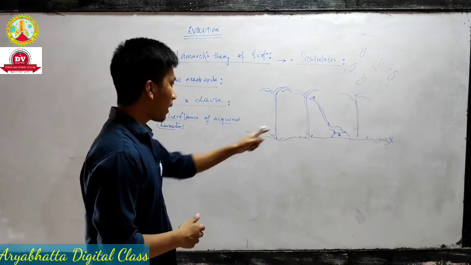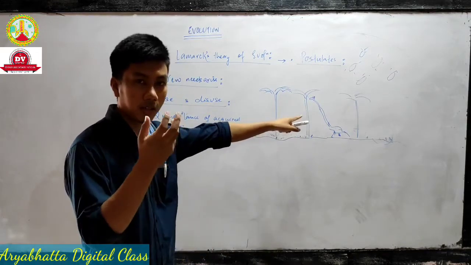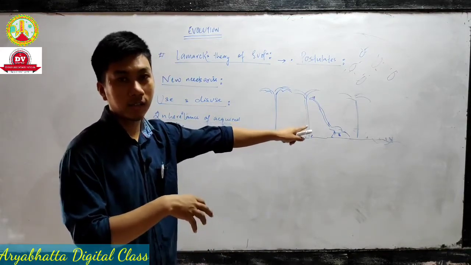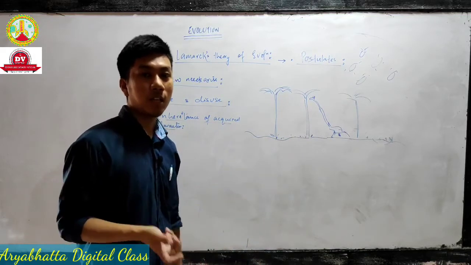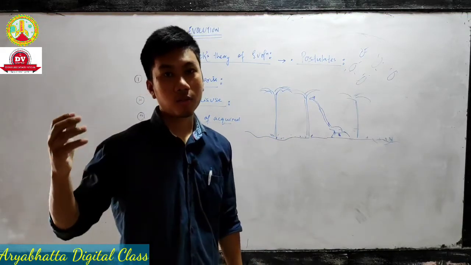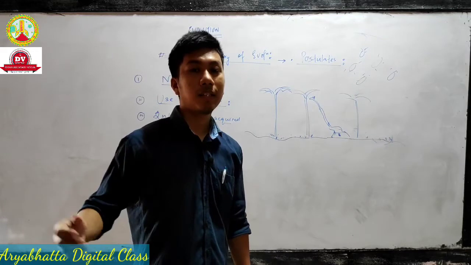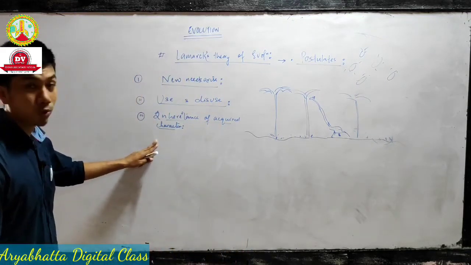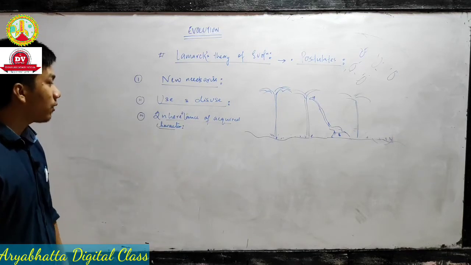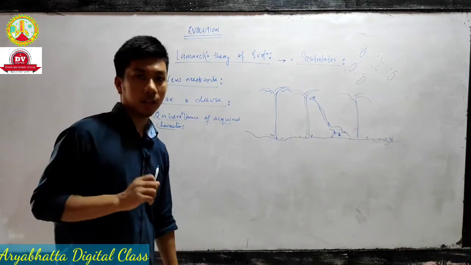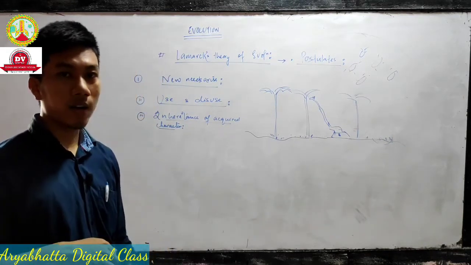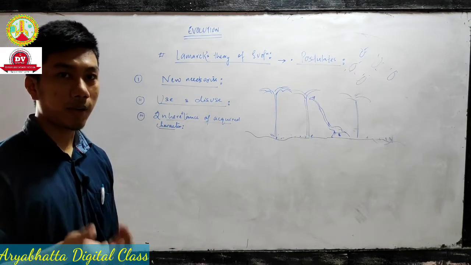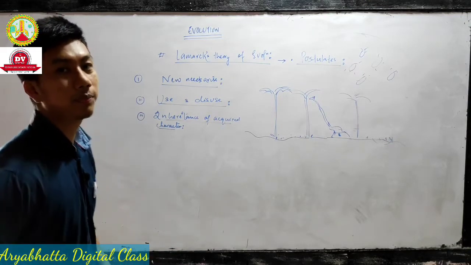Whatever characters the animal has acquired, it will pass to its next generation. So the next postulate is inheritance of acquired character.